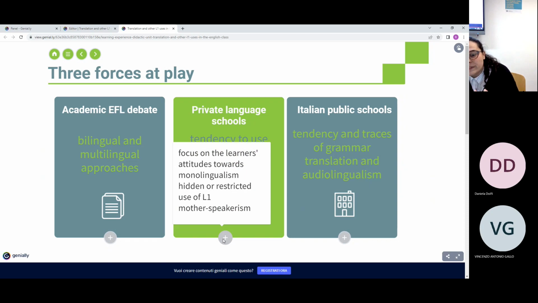In private language schools, we have two different trends. The tendency, of course it's only a tendency, is the focus on the learners' attitudes towards monolingualism. Teachers are encouraged to hide or restrict their use of L1 in private language schools. And there is a sort of native-speakerism, we will be talking about this later, so we only have mother tongue teachers.